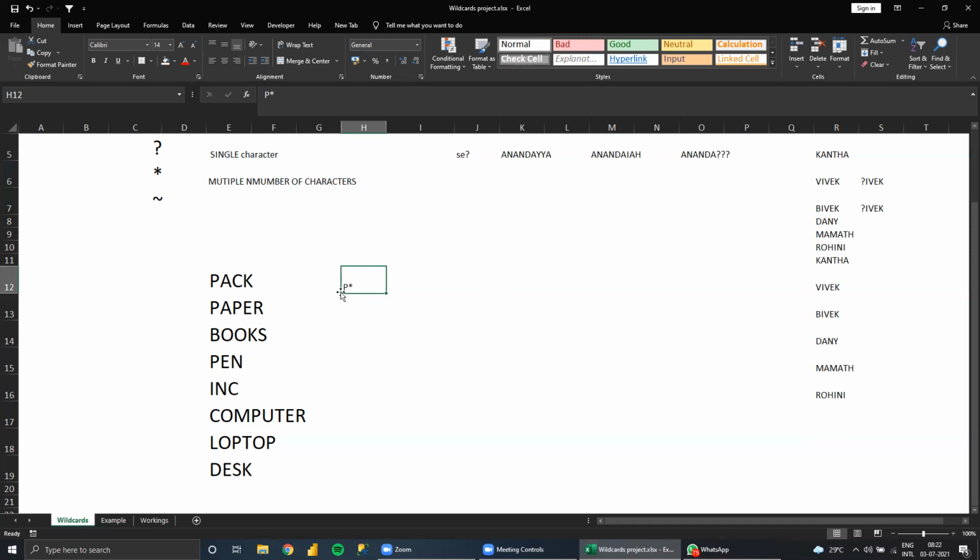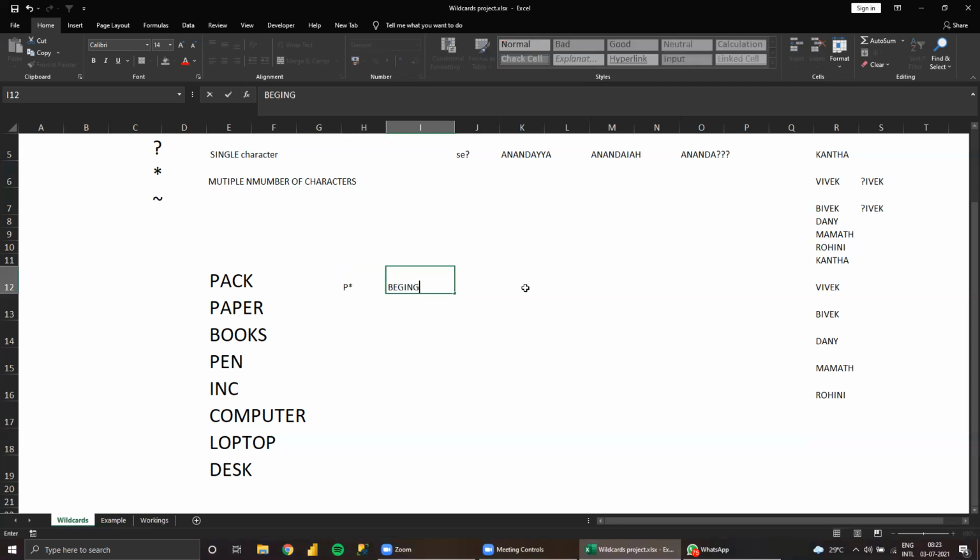But on the left side, when you put a character, that must be there. So in place of star, any characters can be. That means this is called begin with. Begin with P. See, this is also readable, this is also part of this.